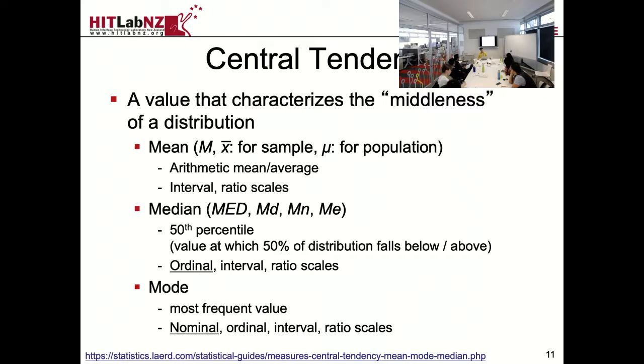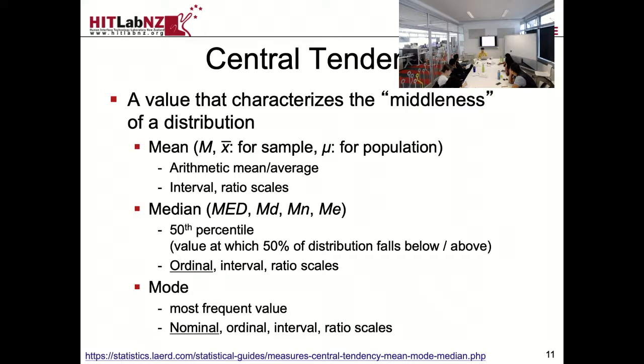Okay, let's think about it. What is a central tendency? This is a very simple one. We know already. The central tendency means a value that characterizes the middle of a distribution. So we could represent the middle with a mean, a median, and a mode.